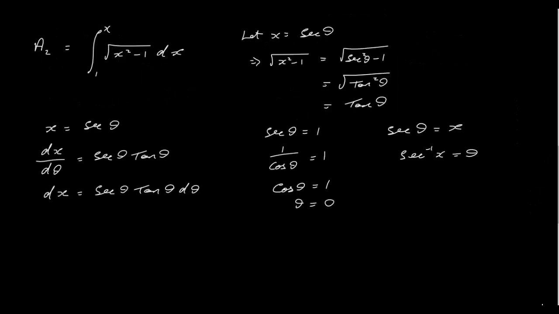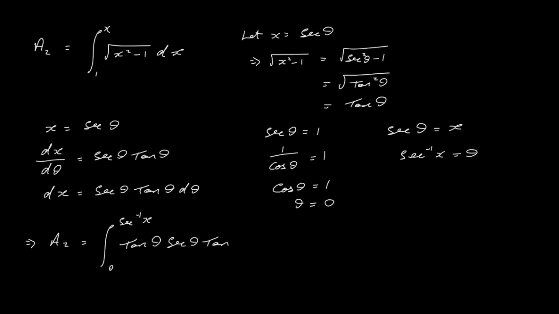We did some substitution, so we now know that area 2 is equal to the integral. Our limits are 0 to sec inverse x, that's here, and we've got our square root of x squared minus 1, which is tan theta, and then we have our dx, which is sec theta tan theta d theta.